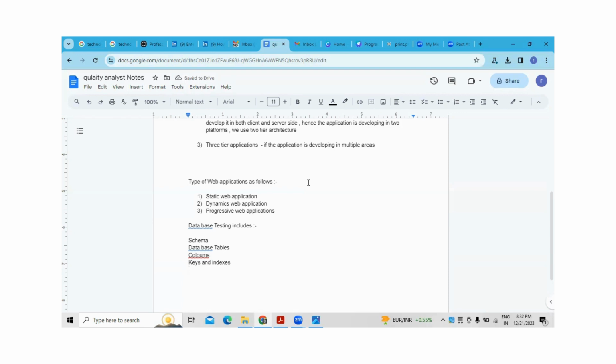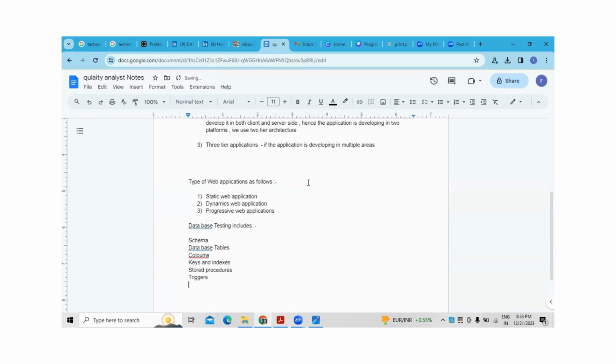Next are stored procedures: what stored procedures do we follow and how are we storing the data? Because we want to retrieve the data from the database, we must know how to store it, and whatever data is to be stored.